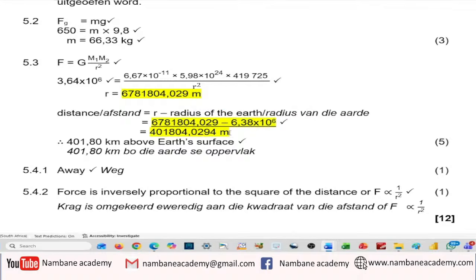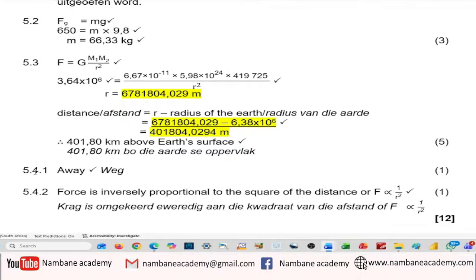We do not give a mark here because the question asked for how many kilometers. The learner must convert these meters to kilometers by dividing by 1,000. So the mark will be on the kilometers answer, which will be 401,80 kilometers above the Earth's surface. Even if the learner just writes 401 kilometers, it is okay. We will give 1 mark there.